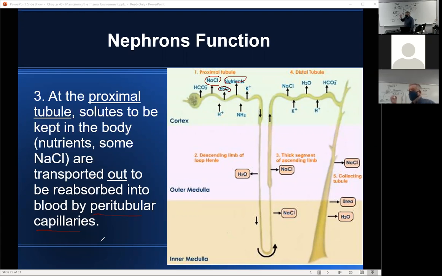Because these blood vessels are very small in diameter, nutrients and solutes like sodium chloride can diffuse into them very easily. Then they'll be carried away to the rest of the body. So peritubular capillaries absorb the nutrients and other solutes that are transported out of the proximal tubule, and then carry them away to the rest of the body.